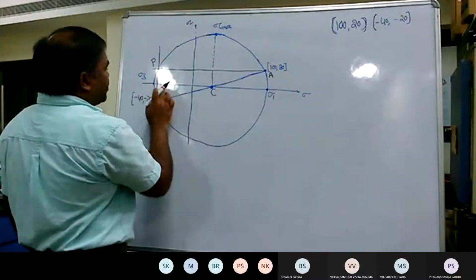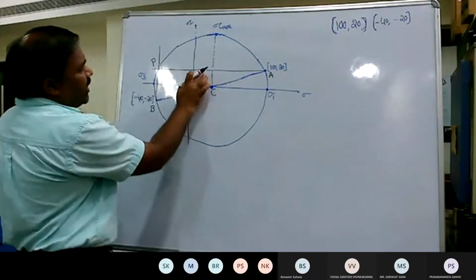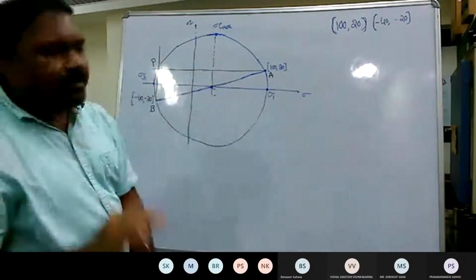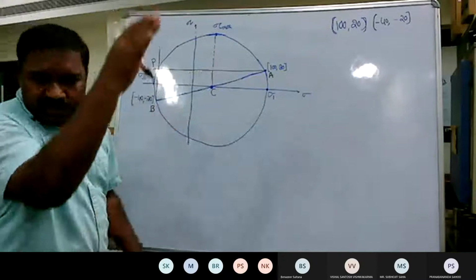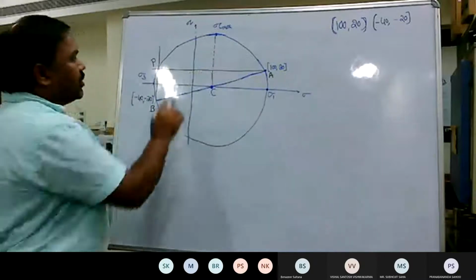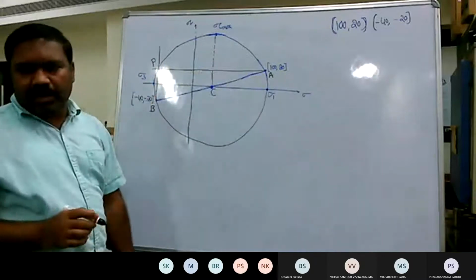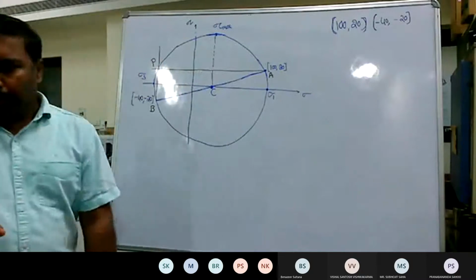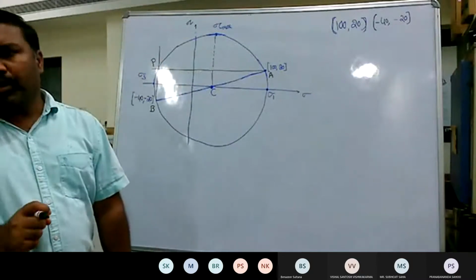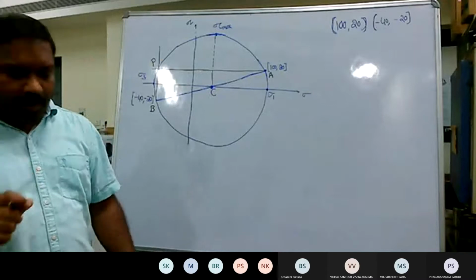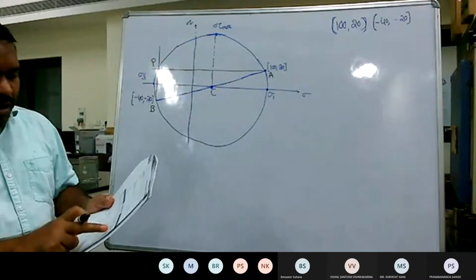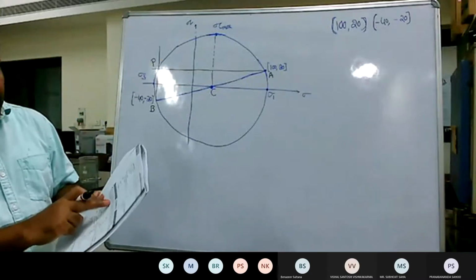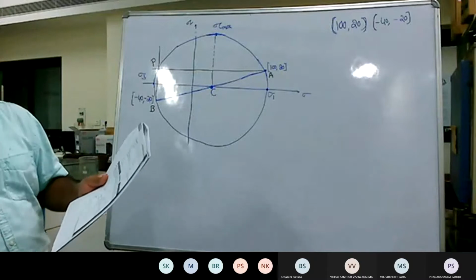So if you draw the horizontal line with reference to the horizontal plane and the vertical line with reference to the vertical plane of the element, these two will meet at P. That is called the pole point. Now with P, the pole point, as a reference point, you need to draw an inclined line at 25 degrees to the horizontal.